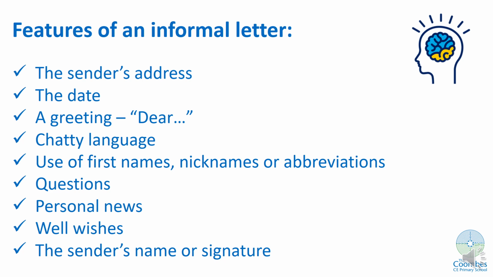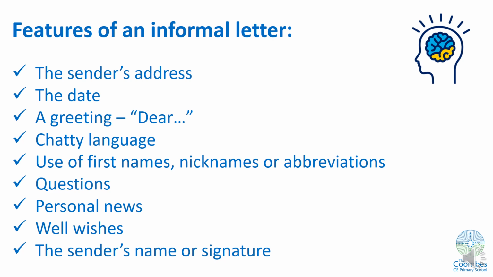So first of all, an informal letter will include the sender's address on the right-hand side at the top of the page, and it will also include the date. Then an informal letter will start with a greeting, usually dear, but it could be something else. The language will be quite chatty, and an informal letter will include the use of first names or nicknames or abbreviations.